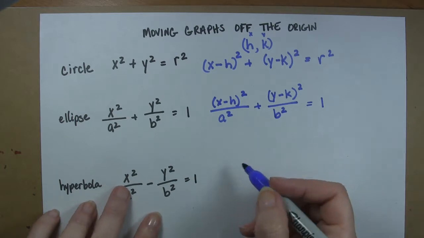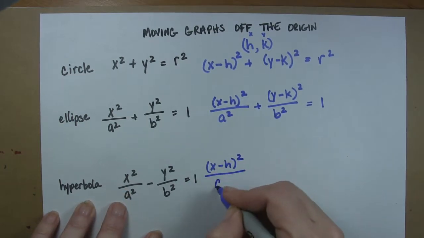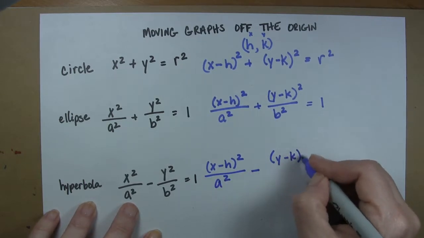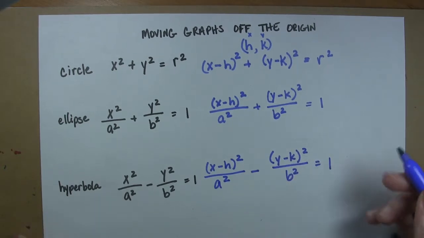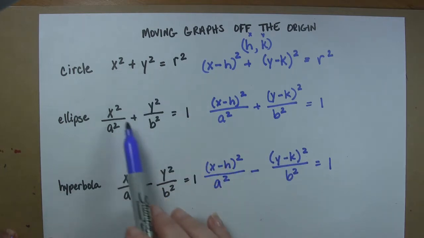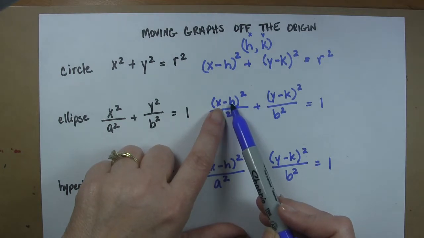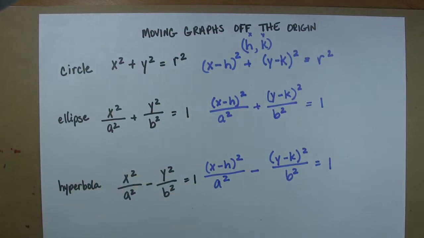And our hyperbola becomes x minus h quantity squared over a squared minus y minus k quantity squared over b squared equals 1. So you see that all of our formulas are exactly the same, except that we subtract an h from your x value and we subtract a k from the y value. That's it to moving graphs off the origin.